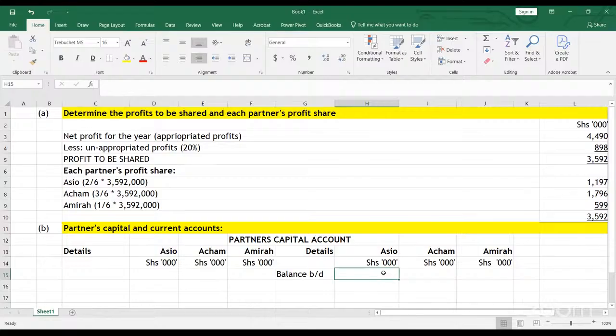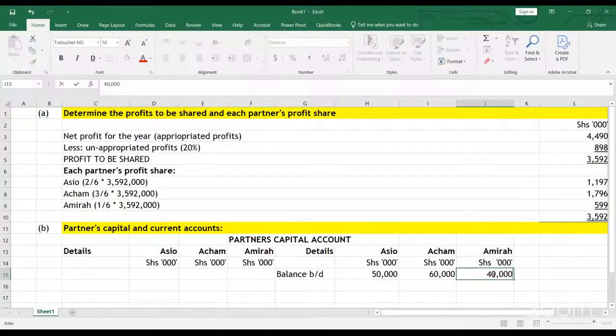For Asio, it's 250,000. Then Acham, it's 60,000. Then Amira, it's 40,000. That is capital.